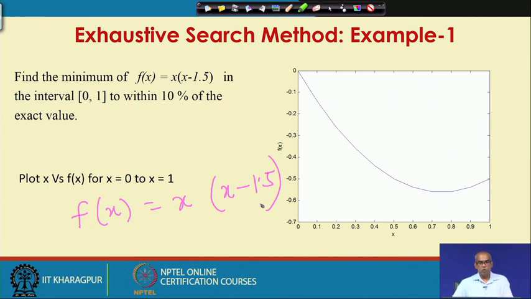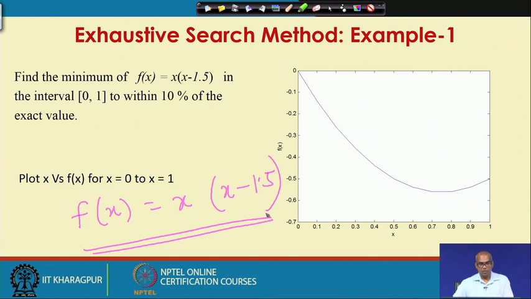Particularly, we are talking about single variable objective functions, so we can easily do that. So, I take the various values of x, say x equal to 0, 0.1, 0.2, 0.3, 0.4, and so on and so forth.